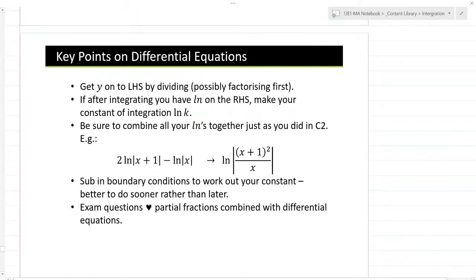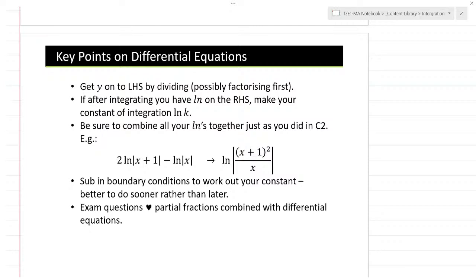Okay, so some key points for differential equations. Now we've already spoke about these. Get your y's onto the left-hand side by dividing, possibly factorizing first. After integrating it, you have the ln on. If you have the ln on the right-hand side, make your constant ln k. Be sure to combine all your ln's together, like you did in question 2.